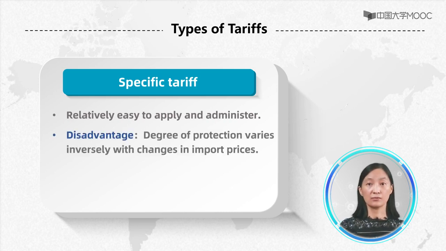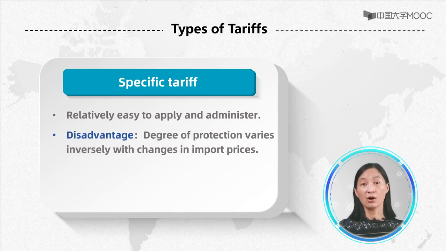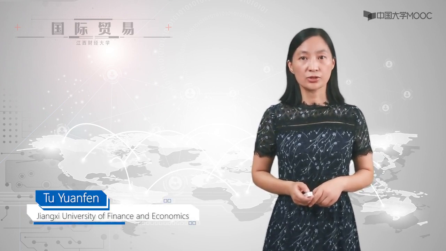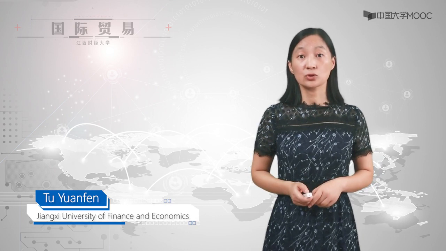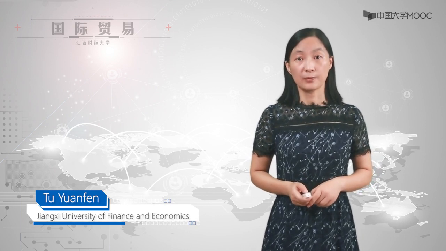A main disadvantage of a specific tariff is that the degree of protection it offers domestic producers varies inversely with changes in import prices. A specific tariff of $1,000 on autos will discourage imports priced at $20,000 per auto to a greater degree than those priced at $25,000.